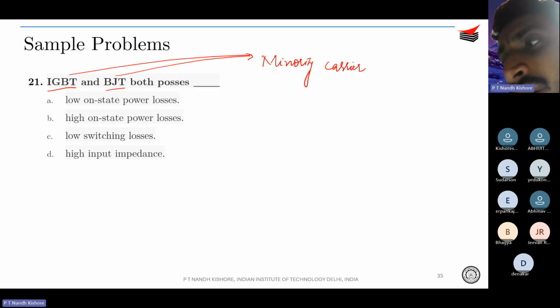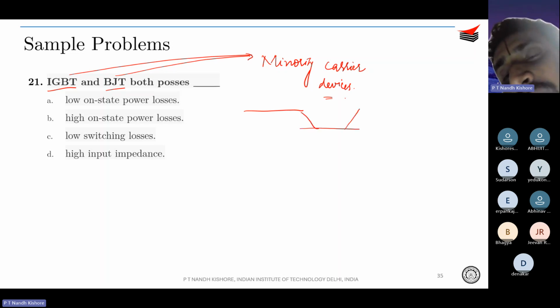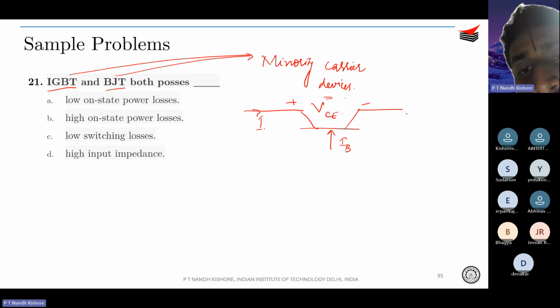Minority carrier devices. As I told earlier, minority carrier devices have a fixed voltage drop across them. So you have a fixed VCE over here, right? So IC. So the loss is actually what?